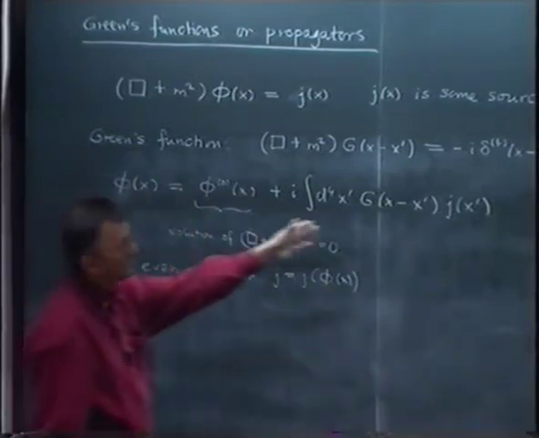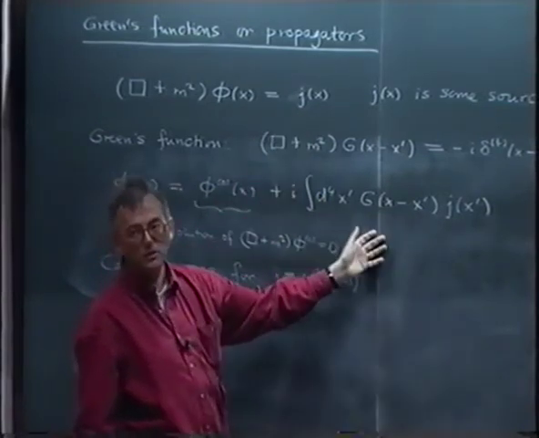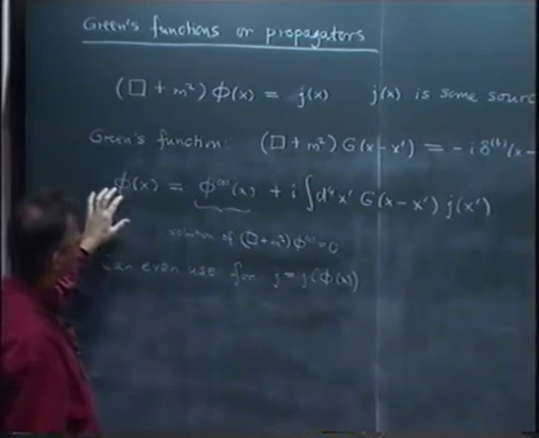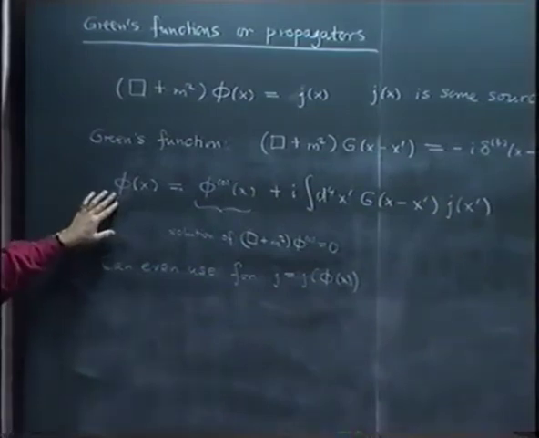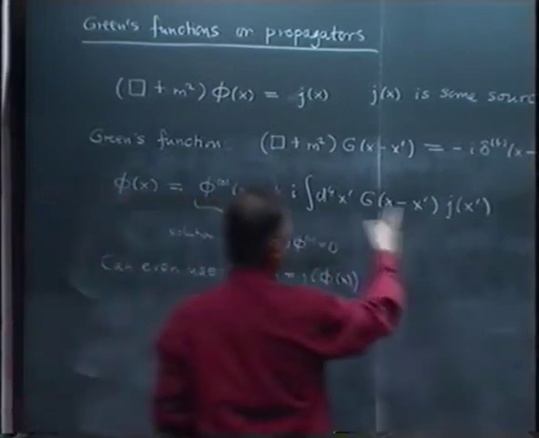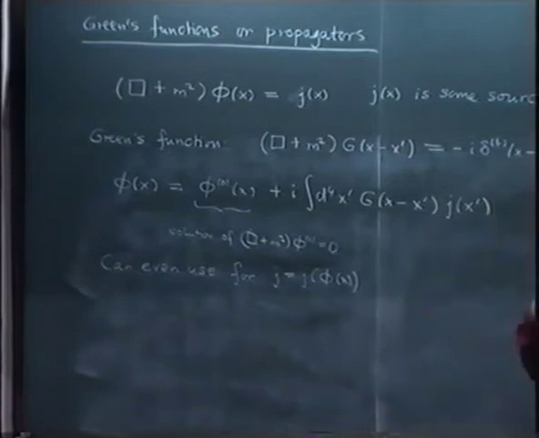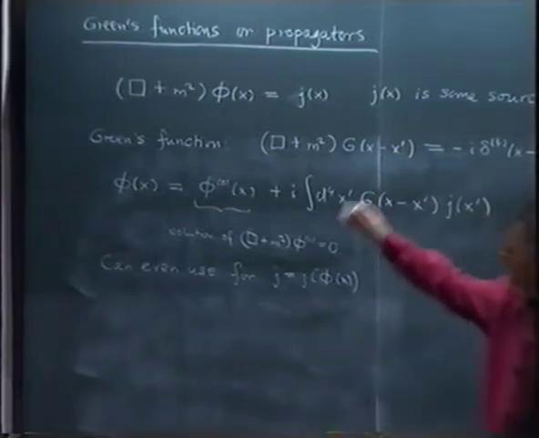Then, of course, this doesn't really solve the equation. You've just rewritten the differential equation as an integral equation. But the advantage of this equation is that you can iterate it. So you write this like this, and then you substitute. And then for the phi which occurs in here, you again substitute. And in this way, you get an infinite series that gives you a solution for this equation.